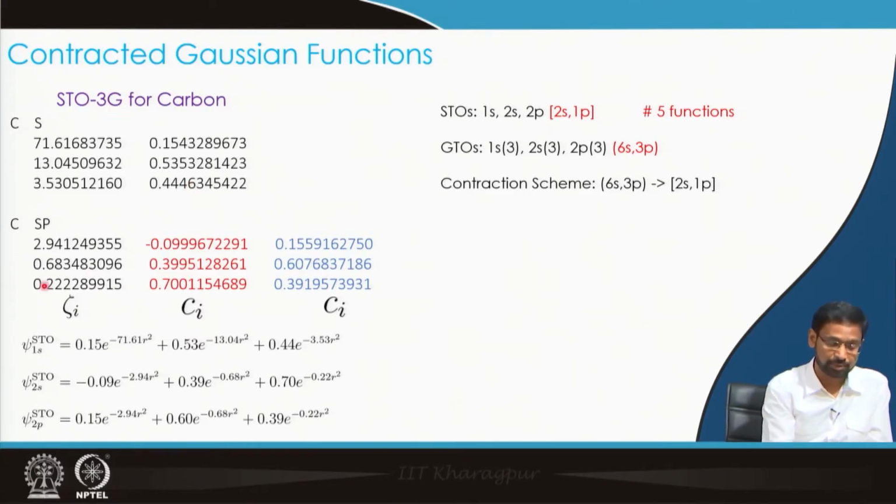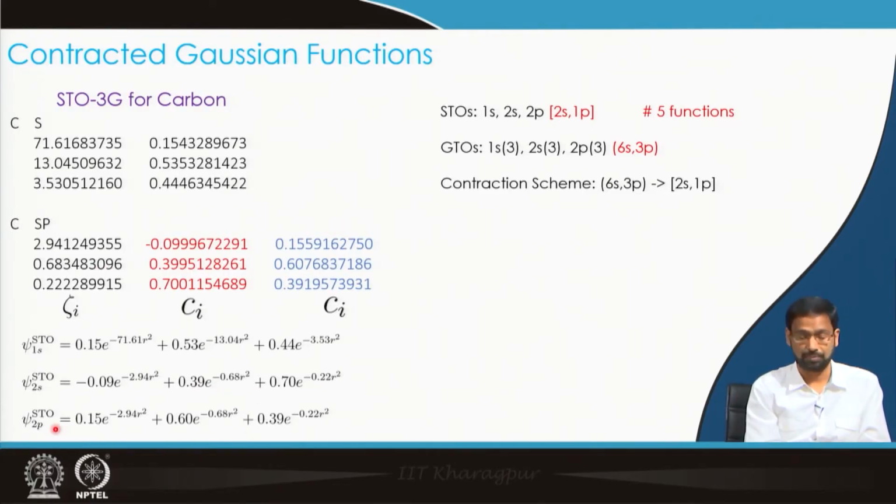When I am coming to 2s, these coefficients are for the 2s orbital, these coefficients are for the 2p orbital. Using these coefficients, I can simply write C1 e to the power minus zeta 1 r square plus C2, here 0.39, into e to the power minus zeta r square and so on. And similarly, taking this set of coefficients, I can construct the 2p Slater type orbital.